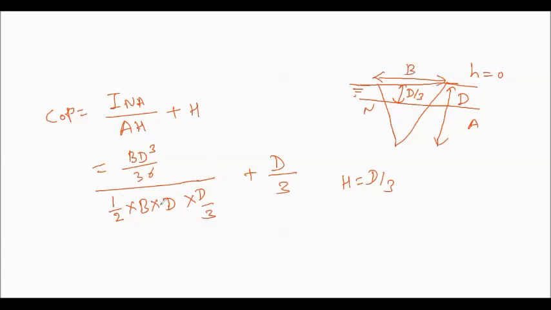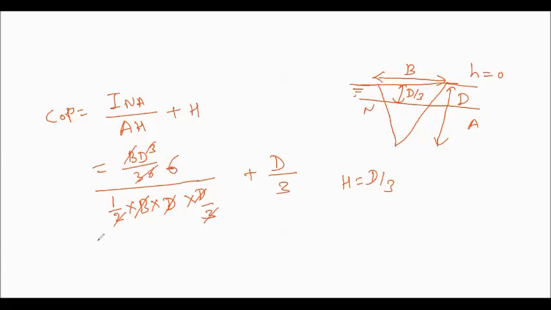So you have this B getting cancelled, this d square is there, that will also get cancelled. 3 multiplied by 2 will be 6. 36 by this 6.